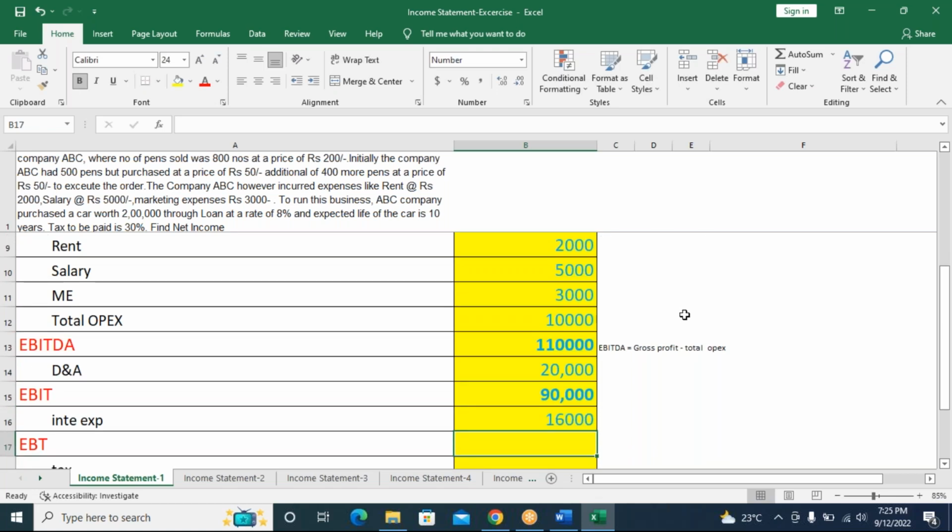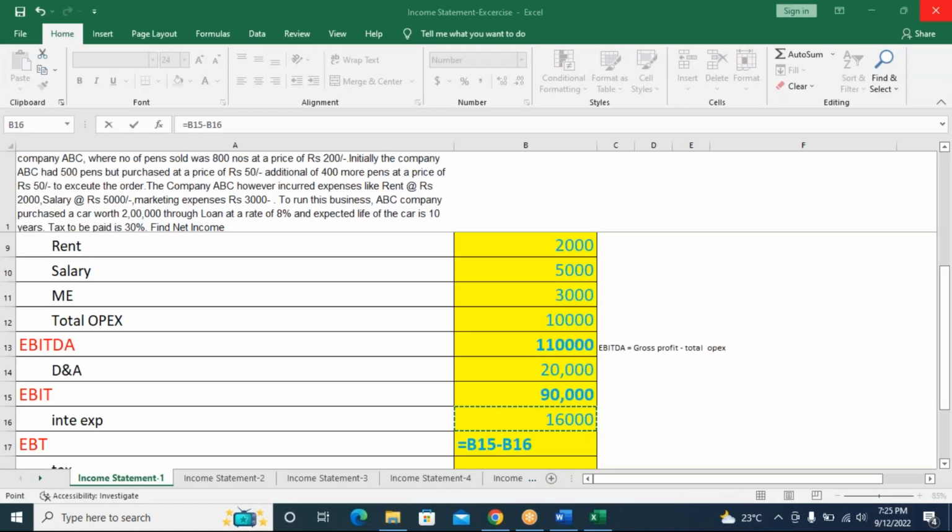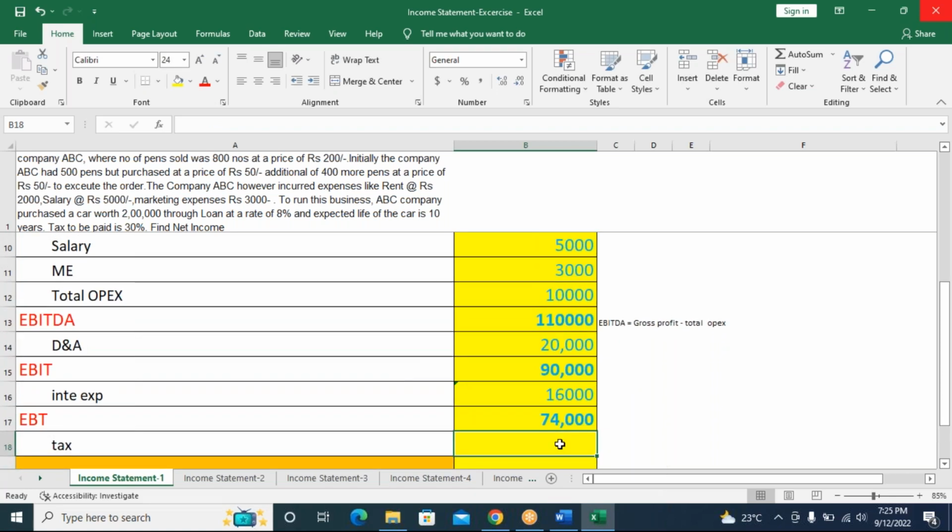So earning before tax will be EBIT minus interest. So EBT, that is earning before tax, is 74,000.